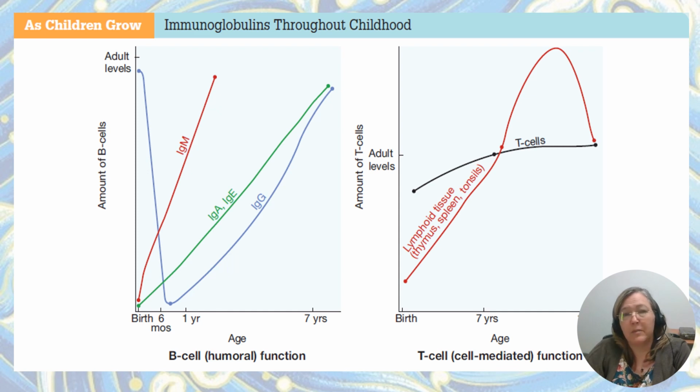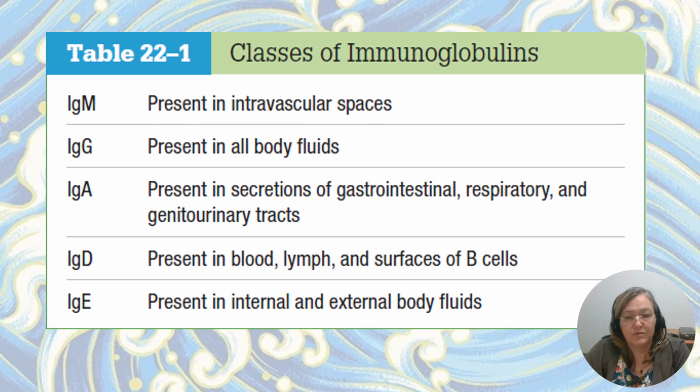So IgM gets up to speed first, then IgE and IgG last. Also, you want to remember that the different immunoglobulins have different purposes and functions in the body. So you want to have some idea of that in case that comes up. Sometimes that will come up on NCLEX questions.